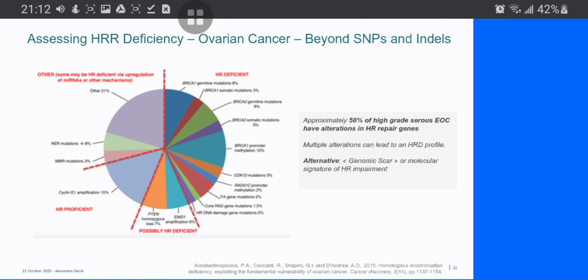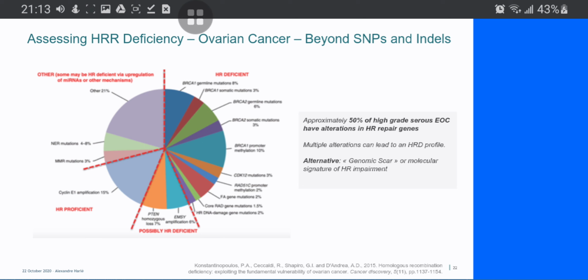If you look at the HR deficient patients, you can see some BRCA1 germline or somatic mutations, of course BRCA2 germline or somatic mutations, but you also have promoter methylation of BRCA1 in 10% of the cases, and then other genes like CDK12, RAD51C, and these genes are all involved in HRR.